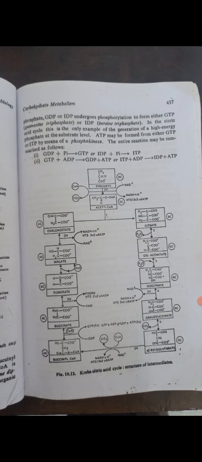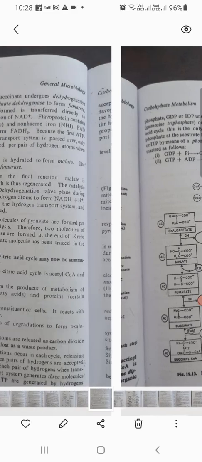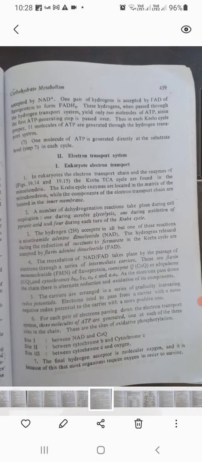Then we have succinate to fumarate. In this, two hydrogen atoms are released, that is FAD to FADH2. This is also a RETC, respiratory electron transport system. Then malate to oxaloacetate. Here also RETC is occurring, with the generation of a total of 38 ATP molecules.